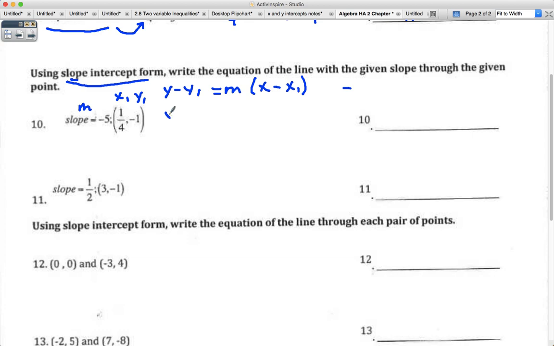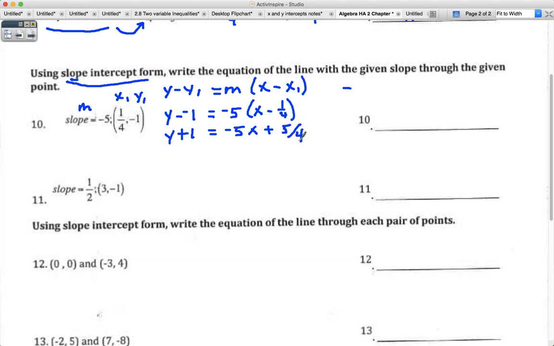I'll substitute the values of y, which is -1, and then m, which is -5, and then x is 1/4.